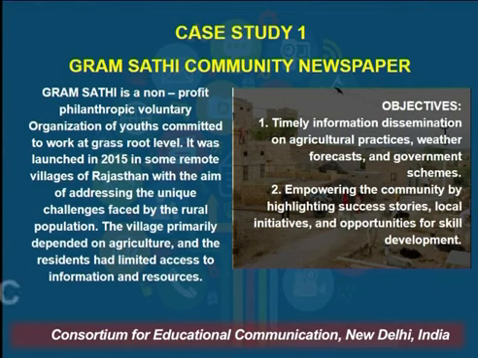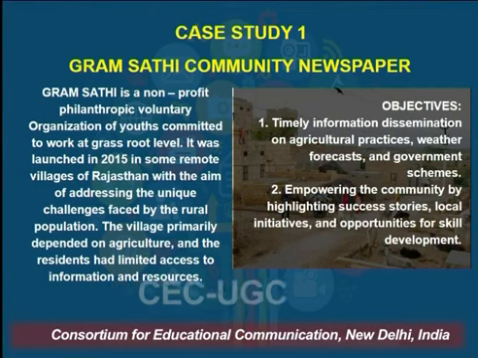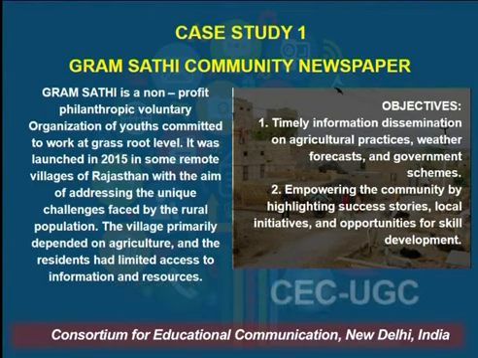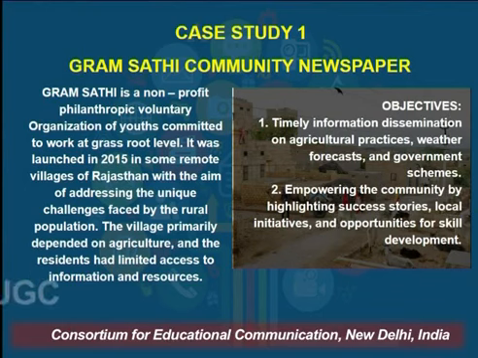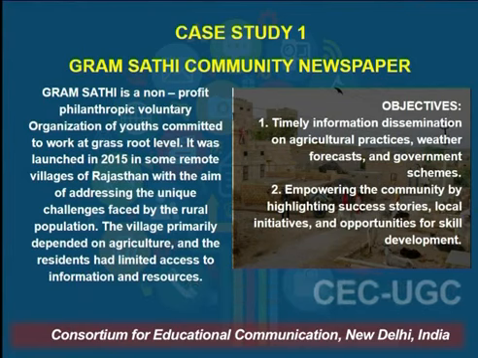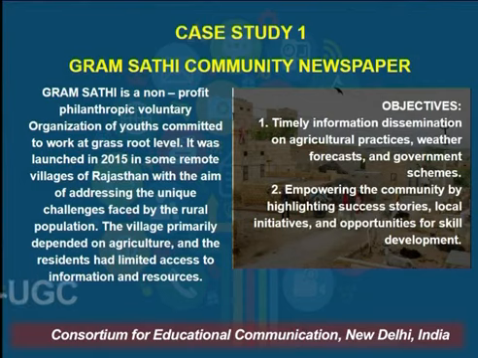There are different community newspapers that are published in India. One of them is Gram Sathi. Timely information dissemination on agricultural practices, weather forecasts, and government schemes is one of the objectives. The other objective is to empower the community by highlighting success stories, local initiatives, and opportunities for skill development.